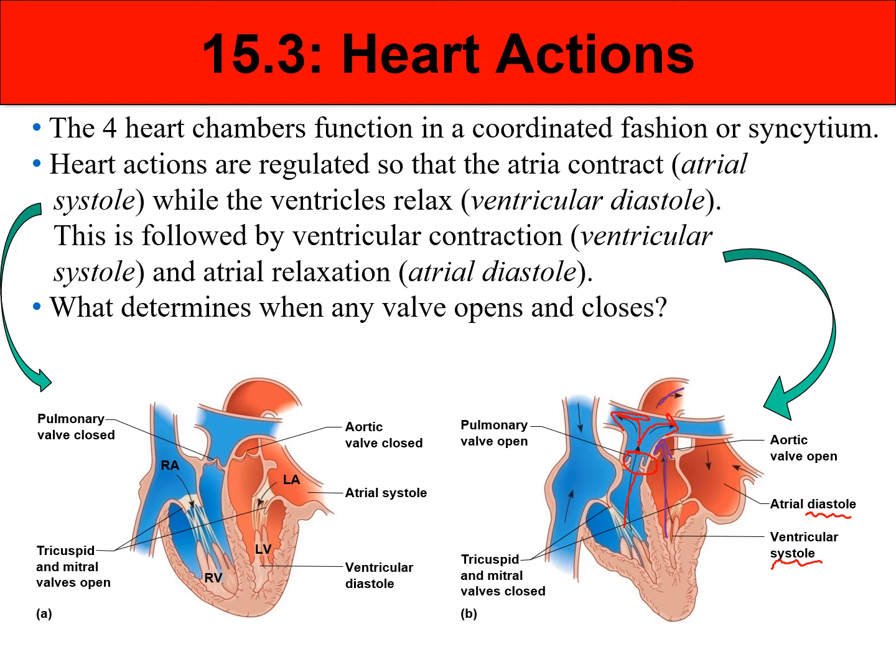The opening and closing of any of these valves, be they the two AV valves, tricuspid and bicuspid, or the two semilunar valves, pulmonary and aortic, is due to pressure changes, right? For example, in the right-hand diagram here, if the pressure in the right ventricle is exceeding the pressure in the right atrium, that's going to cause the tricuspid valve to snap shut.